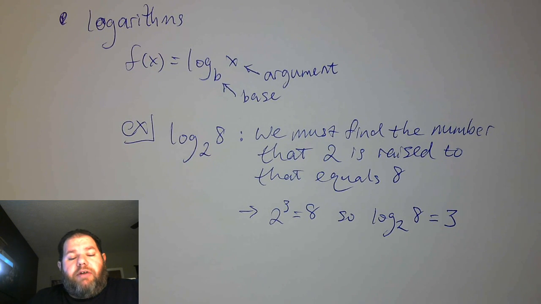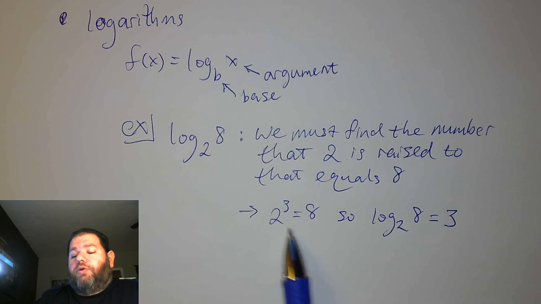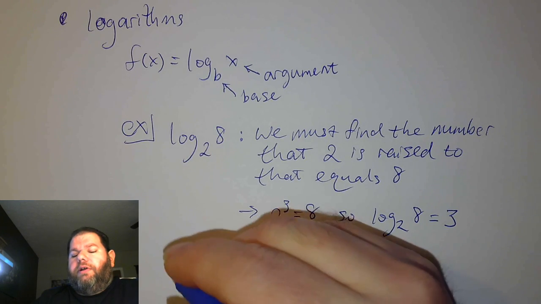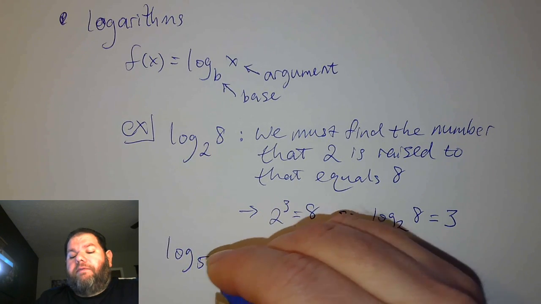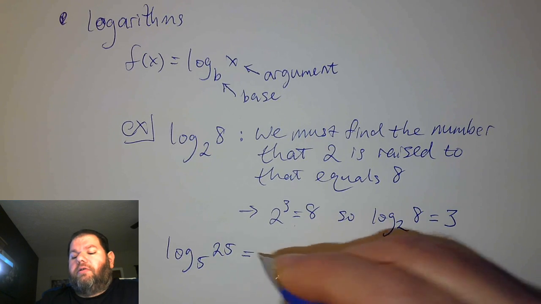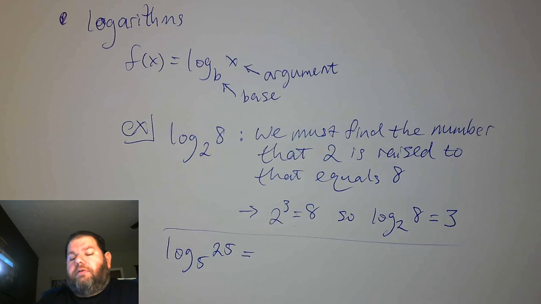It's really just a rewriting of an exponential expression when we do it like this. And we're going to look a little bit more closely at that connection in a moment. What if we wanted log base 5 of 25? What would that equal? 2, yeah.